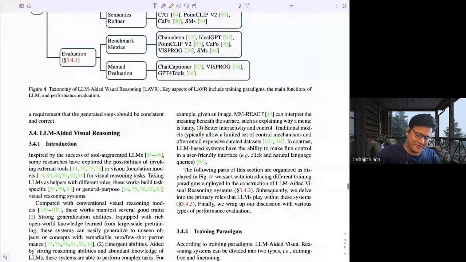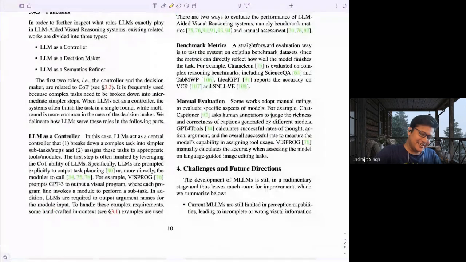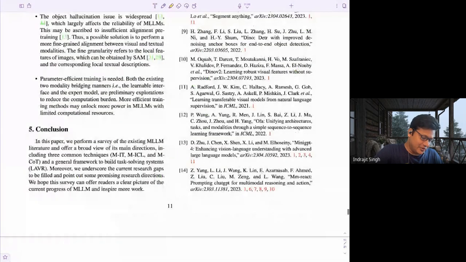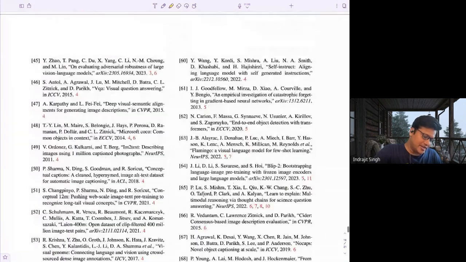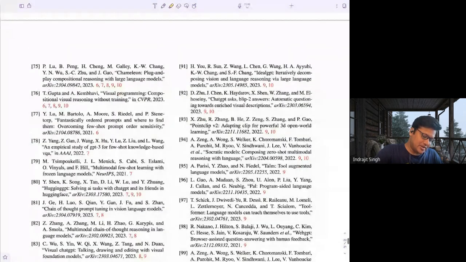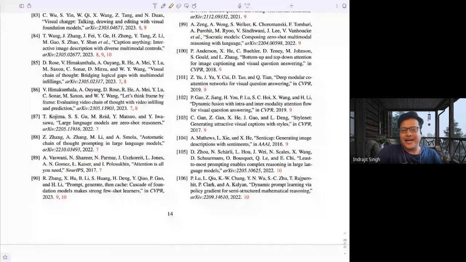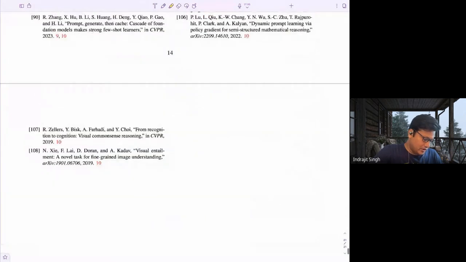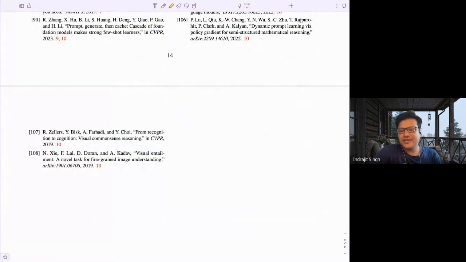If you look at the references, these green numbers represent how many times they have been referred, and the maximum you can see is 108. If you go to the bottom of this, these are the many papers, or I would say the ideas, that they have been talking about, right? So 108, right?